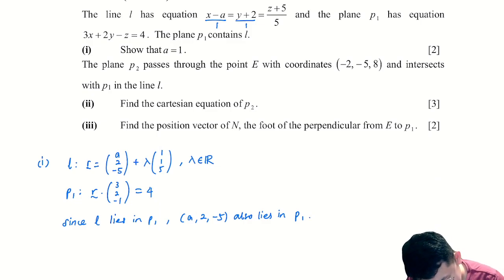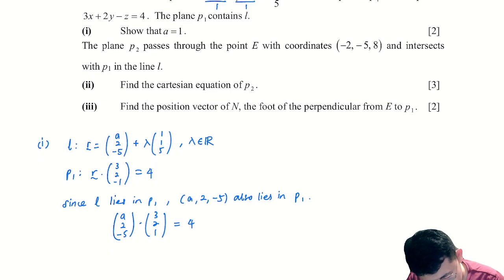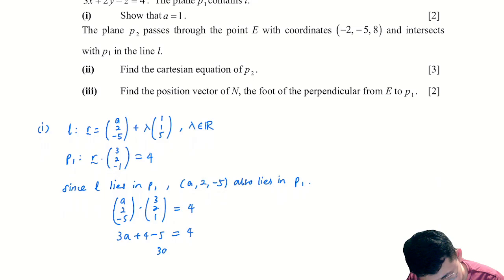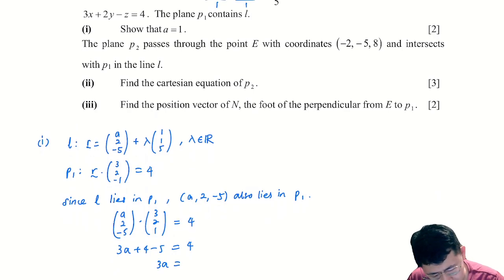So we can just make use of this point. This point dot 3, 2, negative 1 will be equal to 4. So solving this, 3a plus 4 minus 5 equals 4. So 3a would be equal to, sorry, my bad, one error, negative 2 over here. So it will be 3a minus 4 minus 5.